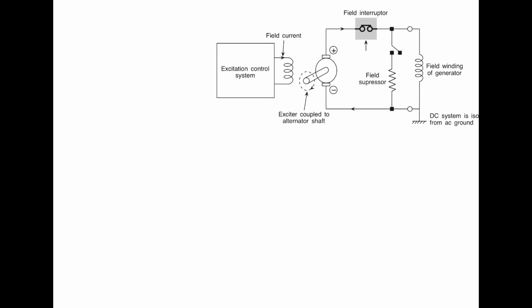The field interrupter and the arrangement for the field suppression are also shown in the figure. So the rotor houses the field winding, and a separate DC generator mounted on the turbo alternator shaft feeds the field, and the DC system is kept floating with respect to the AC ground.